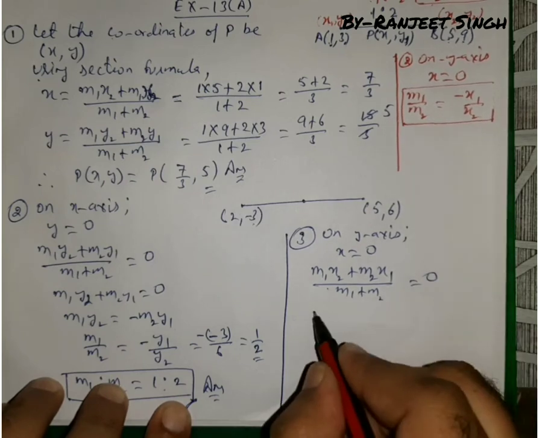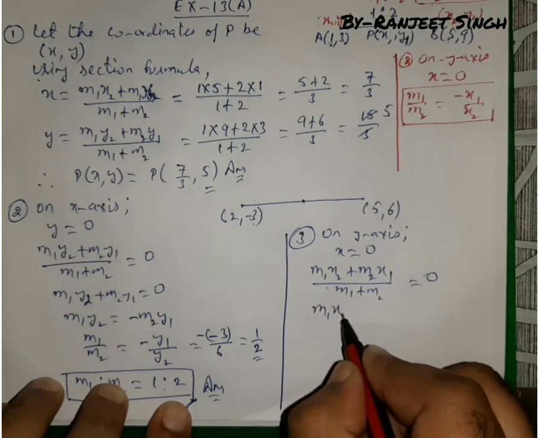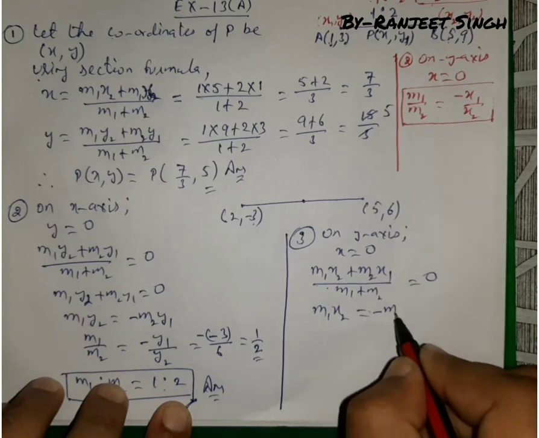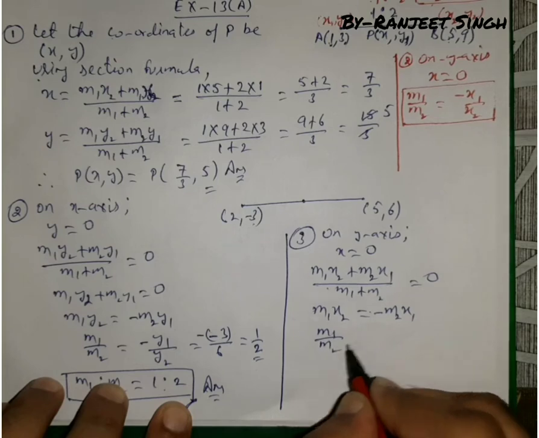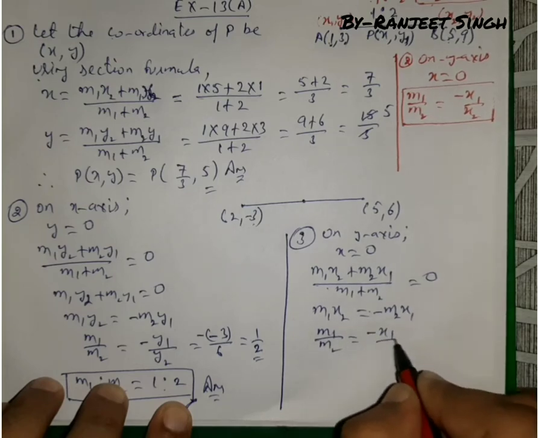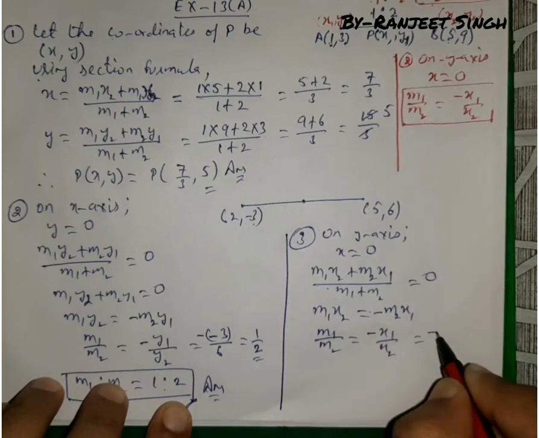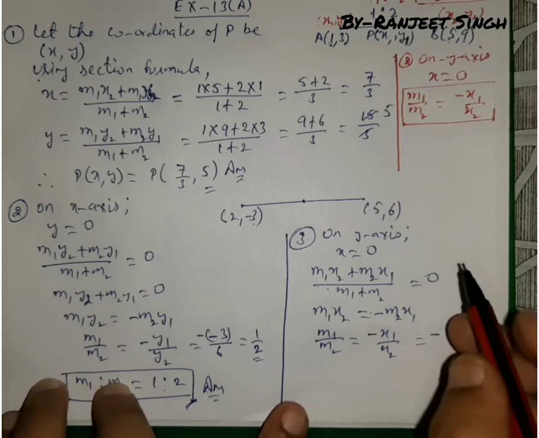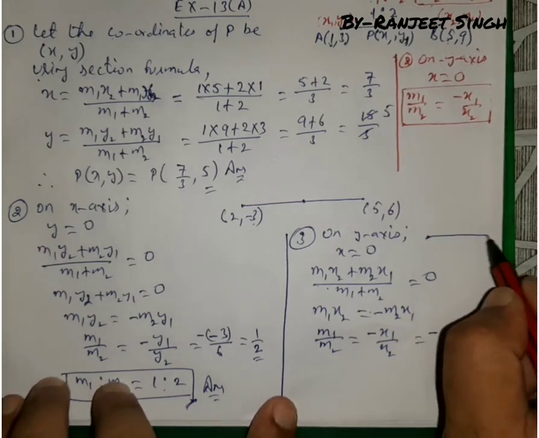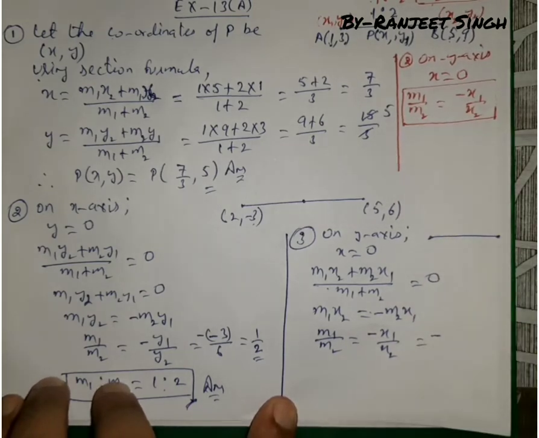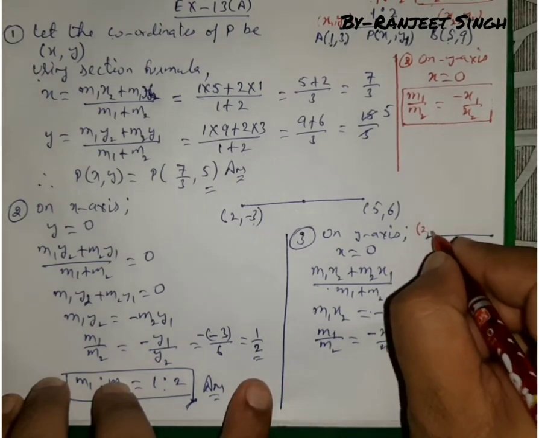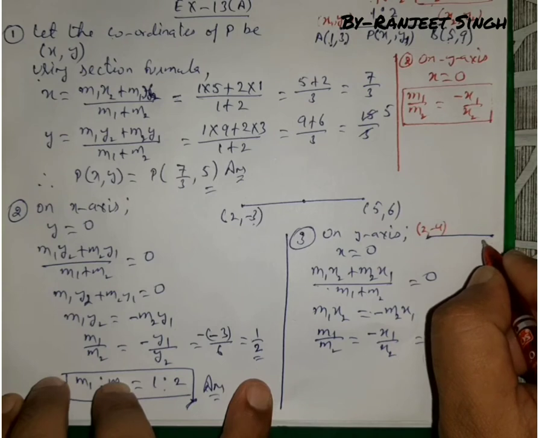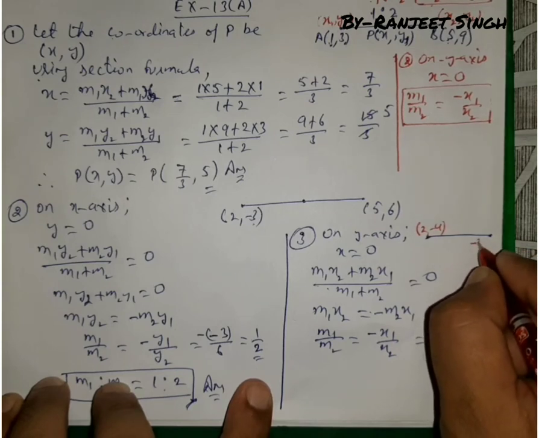So we will get m1 x2 equal to minus of m2 x1. So from here we get m1 over m2 equal to minus of x1 over x2. So here in question number third we have the points 2 comma minus 4 and the second point is minus 3 comma 6.